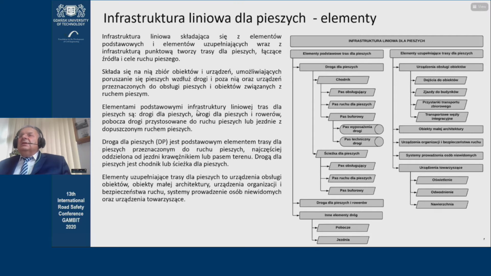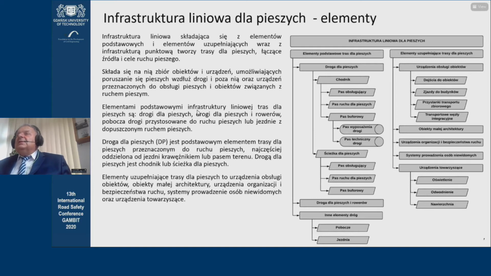The basic ones are the pavement and pedestrian pathway. This is a new term. The pedestrian pathway, which can be a device of a slightly lower standard than a pavement. These are described both. The pedestrian bicycle pathways are usually designed for the needs of the cyclists.